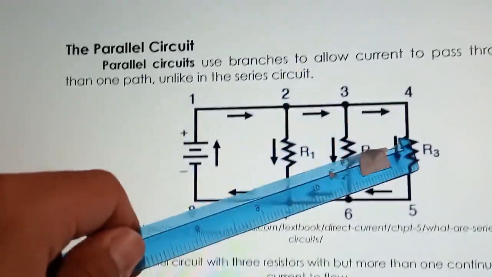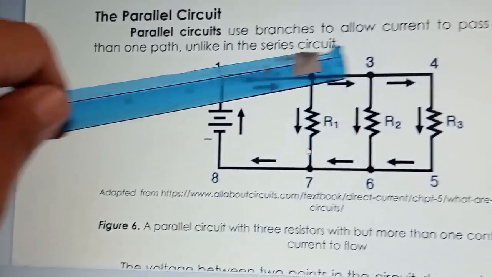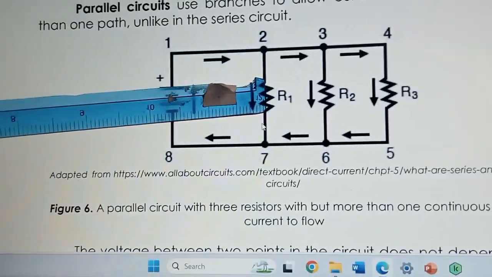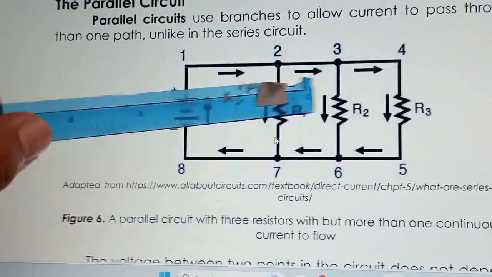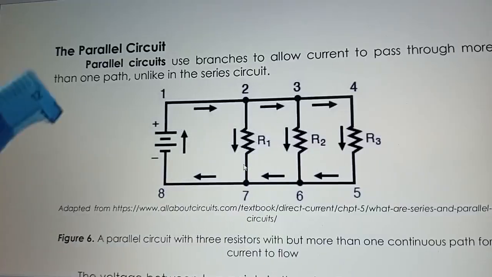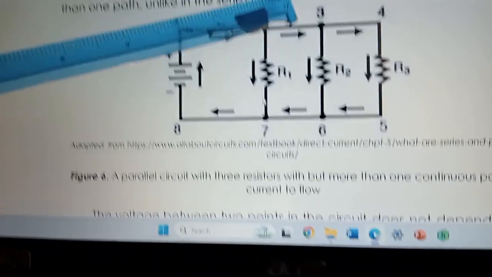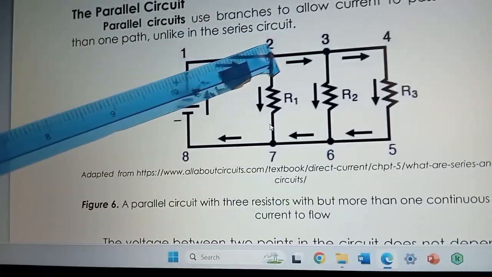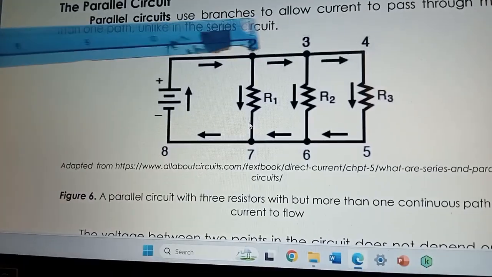They flow in one circular direction, and these are the resistors: resistor 1, resistor 2, and resistor 3. As you can see, there are three branches which allow the current to pass through. That is the definition of parallel circuits.